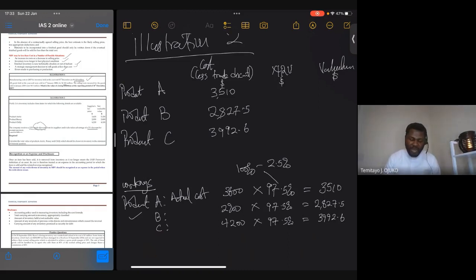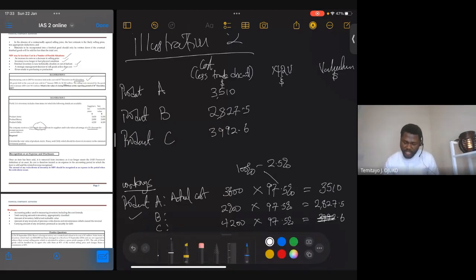With my net realizable value given to us directly in the question. If I'm correct. Sorry, did I just say 4,095? Sorry, I have to go back to this. It's 4,200. I made a mistake. 4,200 times 97.5, which is 4,095. So this is wrong.